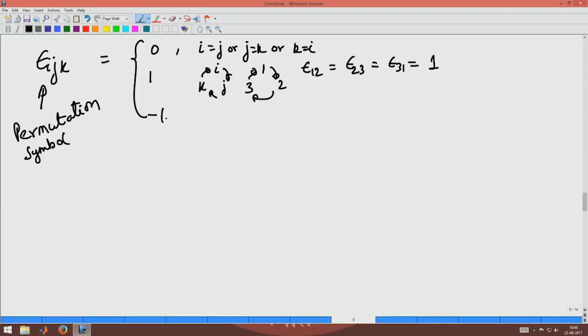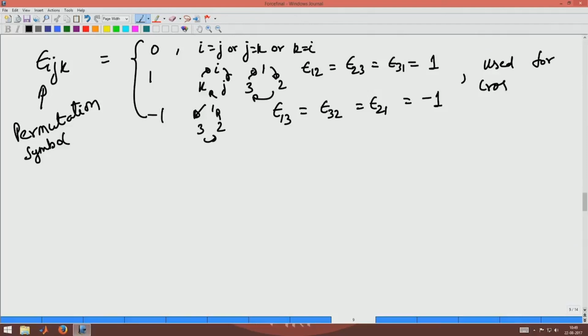It will be minus 1 if 1, 2 and 3 are going in an anti-clockwise direction, that is epsilon 1 3 2 is equal to epsilon 3 2 1 is equal to epsilon 2 1 3 would be minus 1. Note that the order of indices matters: 1 2 and 2 1 have different signs here. This is called a permutation symbol. This is used for the cross product. Where and how it is used, we will understand shortly.